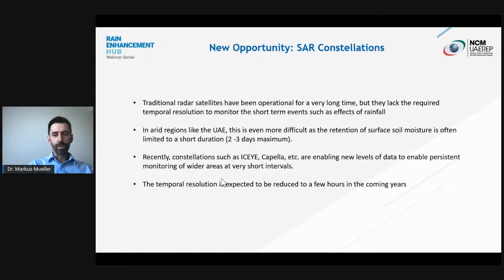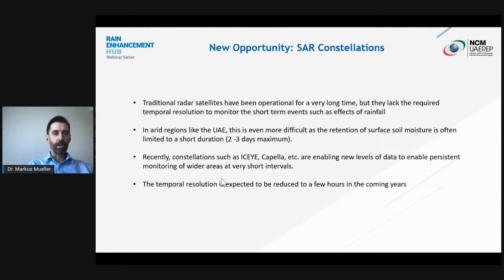What's the opportunity? I'm talking about SAR constellations. As Dr. Prashant already pointed out, SAR is not a new technology. We already have SAR satellites and the whole sensor technology for a few decades. The problem is resolution.